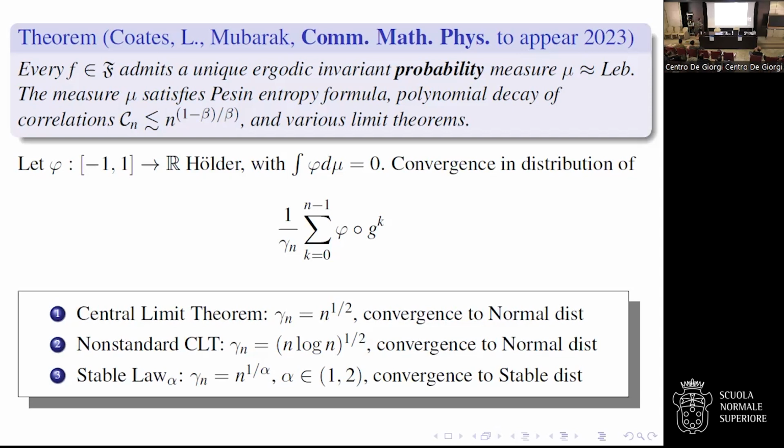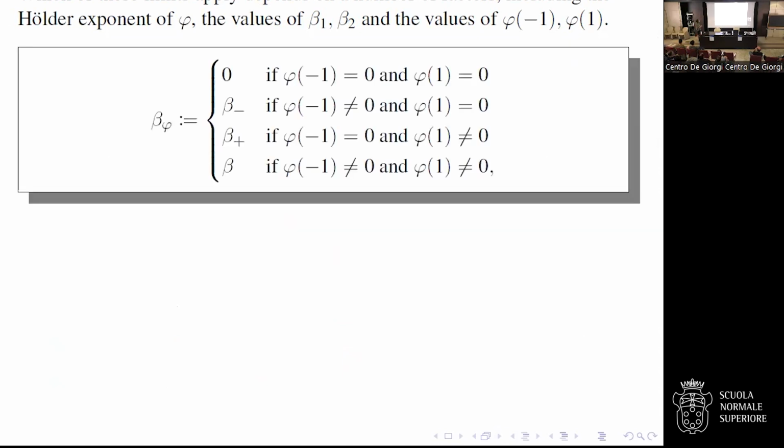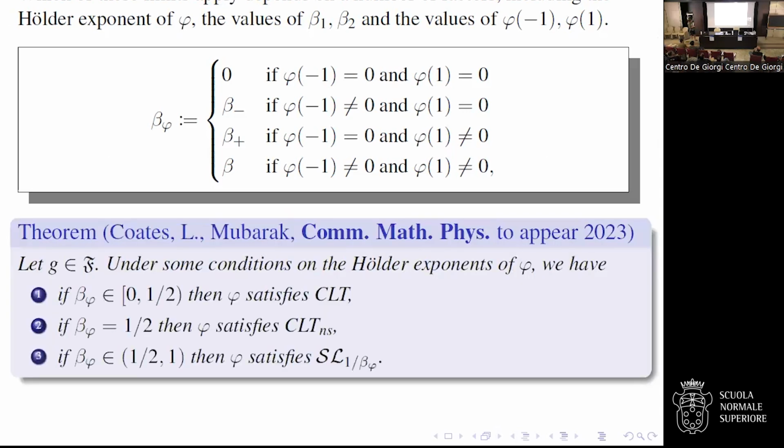And it turns out that we get a very interesting interplay between the various, okay, I don't think we're missing anything crucial up there, but yes. There's an interplay between the values of beta and the values of the observable, right? So it turns out that we define this b theta depending on the observable and the values of the observable at the endpoints, and we get these different conditions.